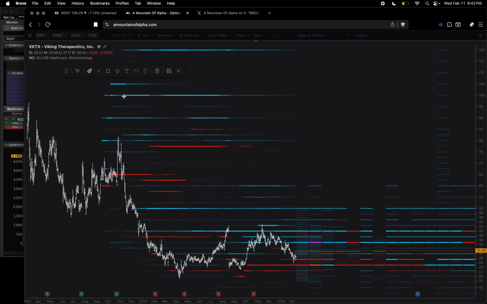Another thing to take note of is look at the pins and go backwards. Look at this. You see that? You could see the price has just been trading within the range. So take note of that when you look at a chart. And so that's what I'm looking at when I scroll down.